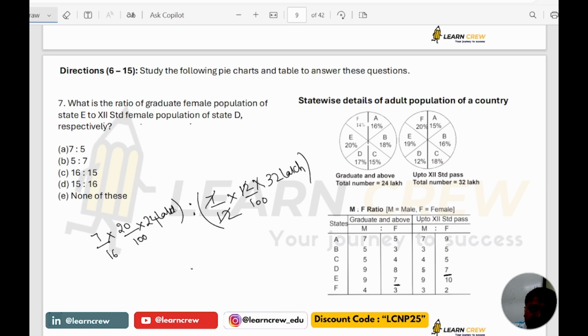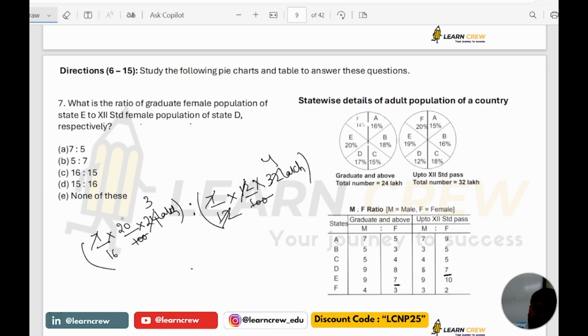So please see here, 100 gets cancelled. Both hundreds cancel here. 7 7 gets cancelled. This 12 12 gets cancelled. And now here 8 3s are, 8 4s are.